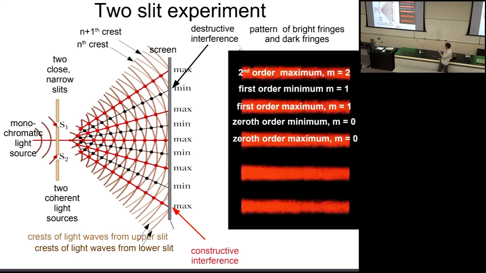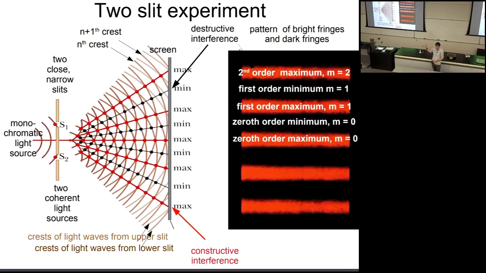The bright red fringes are the constructive interference. There's one in the center. Then there are neighbors upstairs and downstairs, and then there are further neighbors, 2 steps up, 2 steps down. And between them, the black regions are the regions of destructive interference.